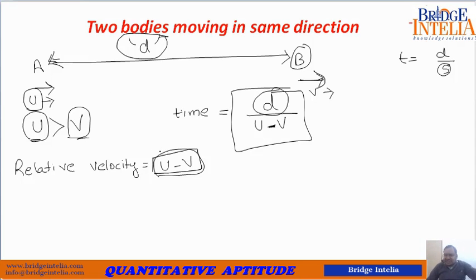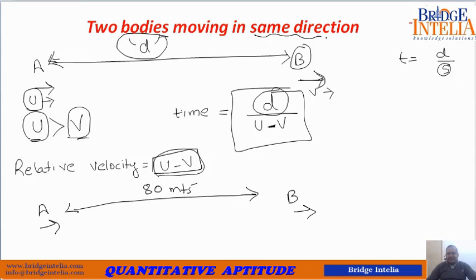So the next time you see these kinds of questions, let me give you an example. Suppose A is here, B is here. This gap is 80 meters. So B is running in this direction, A is running in this direction. So I would say they are running in the same direction. Suppose speed of B is equal to 8 meters per second and speed of A is equal to, let's say, 20 meters per second. Now if you ask A, in how much time are you going to overtake B?